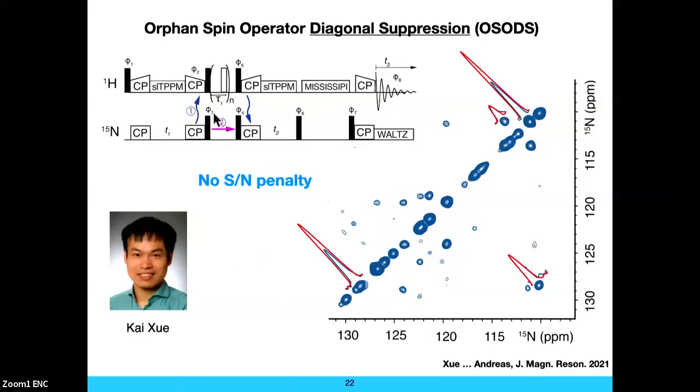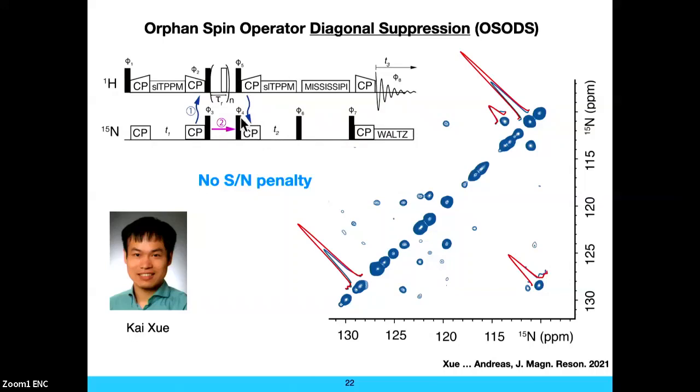So this is the simple CP-based sequence for indirect transfer.